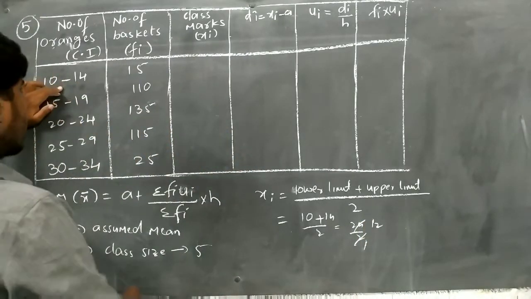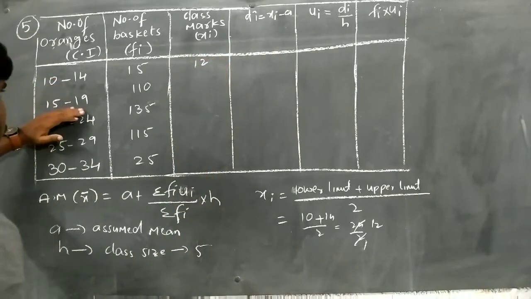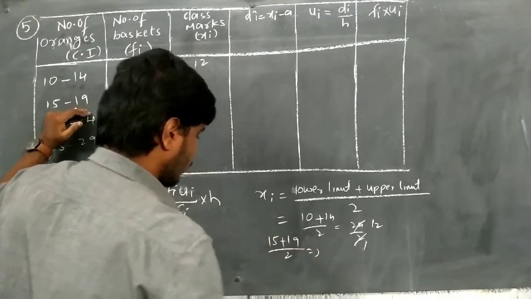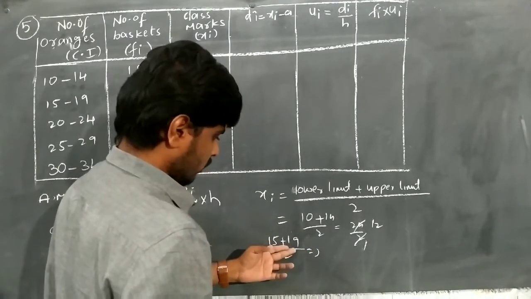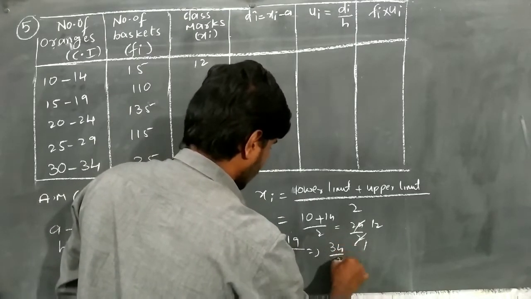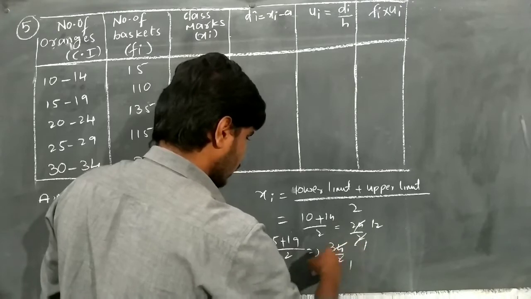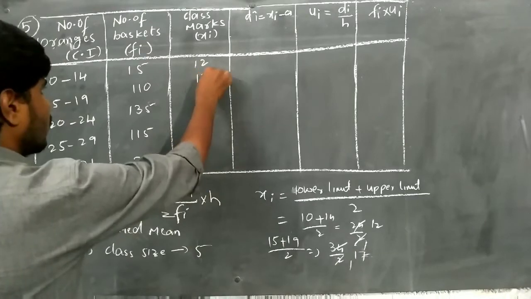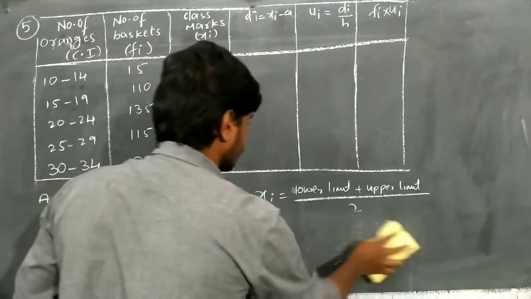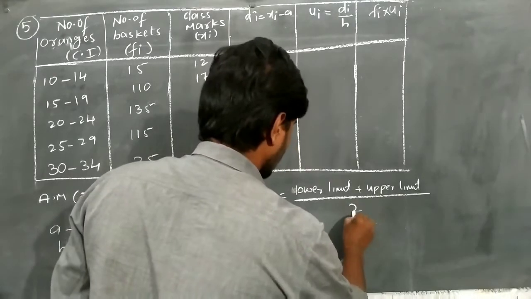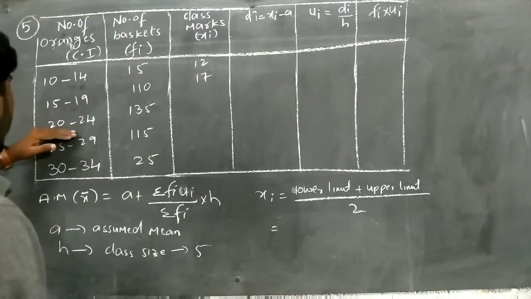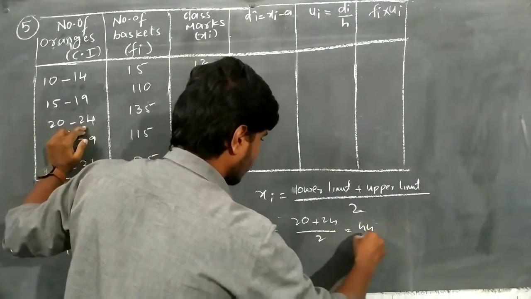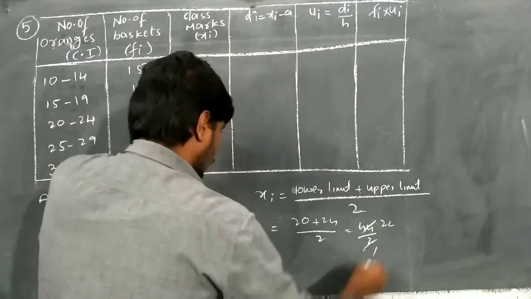So xi here is 12. Next 15 plus 19 by 2, so 15 plus 19 is 34, 34 by 2, 2 ones are 2, 2 17s are. So here it is 17. Next 20 plus 24 by 2, 44 by 2, 2 ones are 2, 2 22s are.